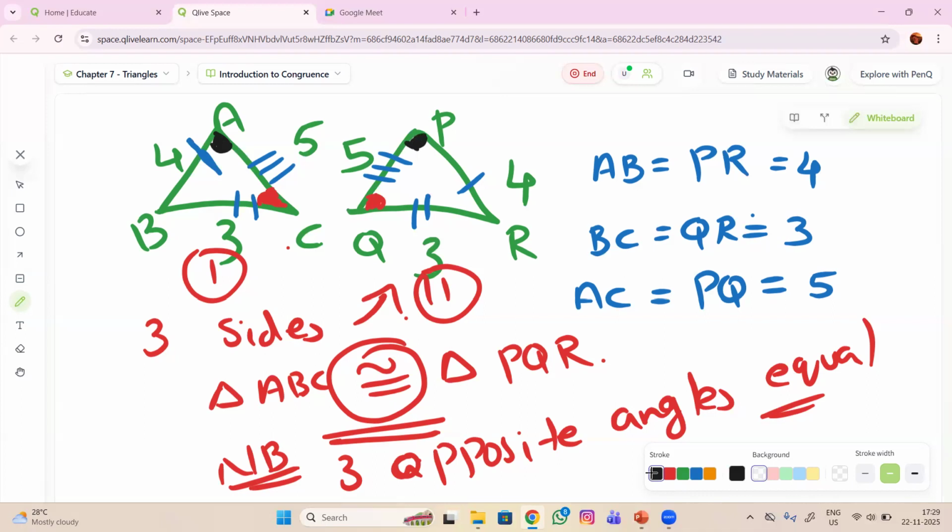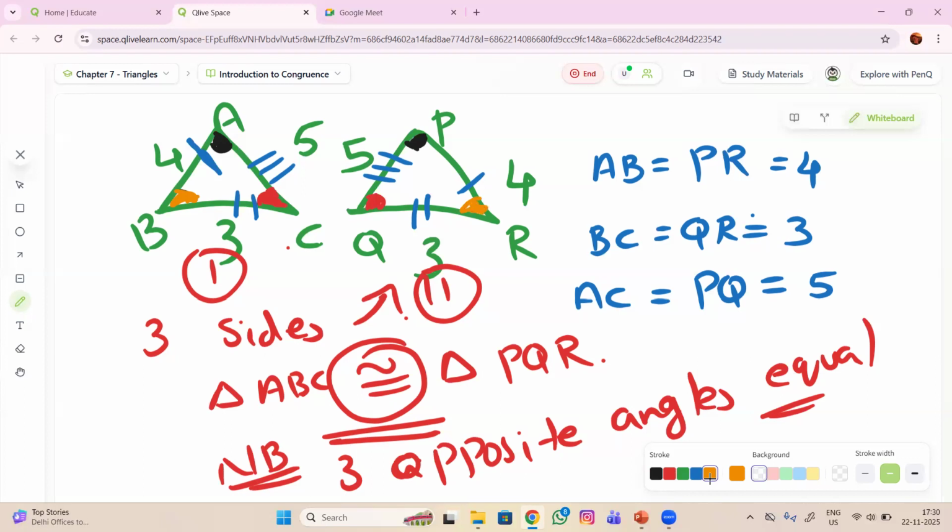Then the third side. The third side is this one, and the angle opposite to the third side is this one. And I will change the color. And this angle is always equal to this angle in the other figure.